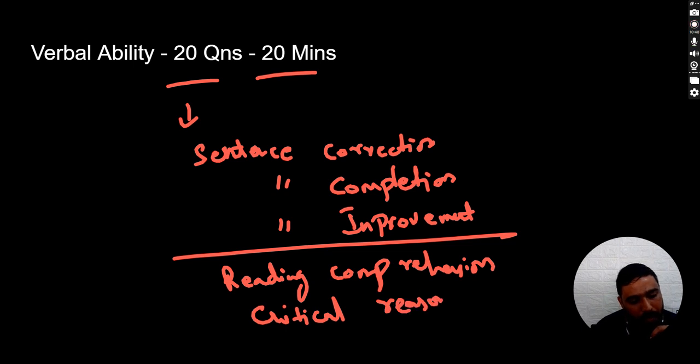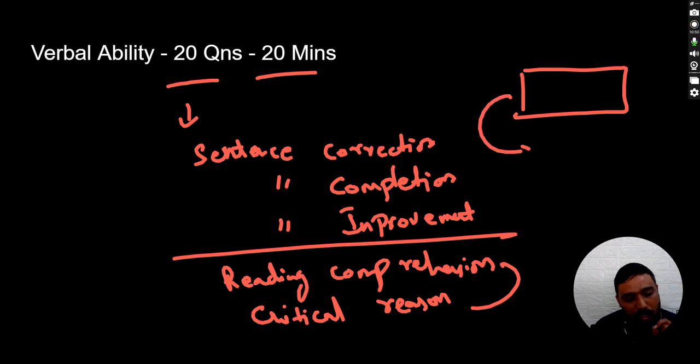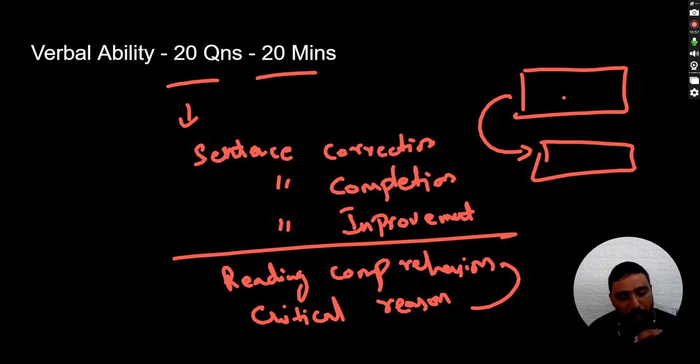Okay, so critical reasoning is a short form of reading comprehension, but critical reasoning is a little more logical, where a paragraph is given and based on the paragraph they will ask you a question: what is a statement which supports this particular premise, what is a statement which will oppose the premise, or what is the inference from that particular statement, which statement weakens the premise, all those things will be asked.